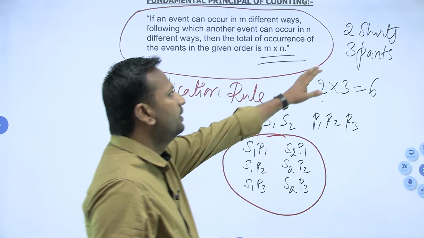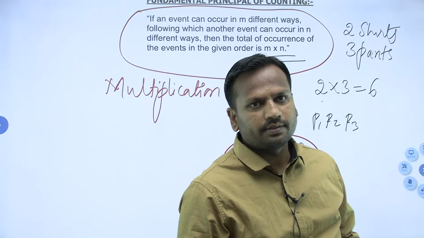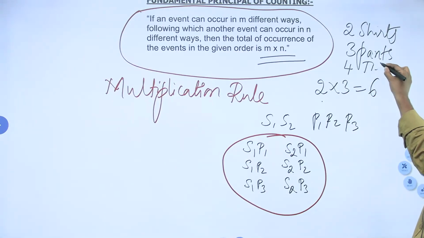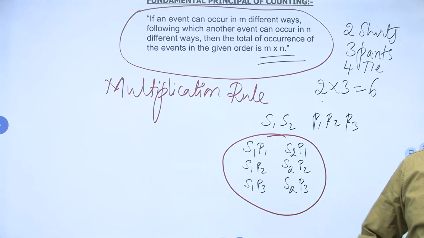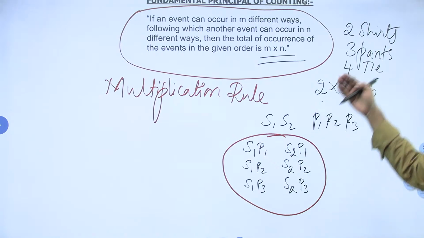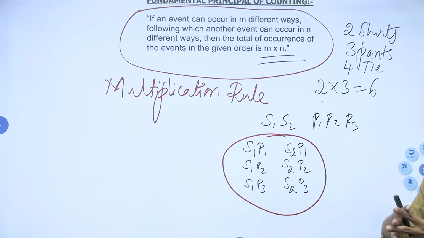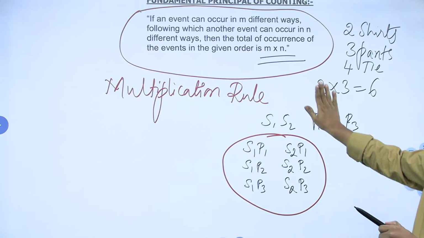If I have two shirts, two pants, and four ties, right? In how many ways can you wear shirt as well as pant as well as tie? These three tasks occur simultaneously now. So what happens now, students? Tell me.